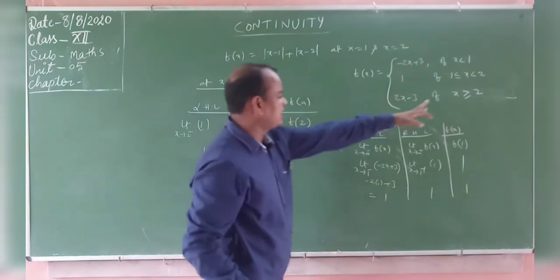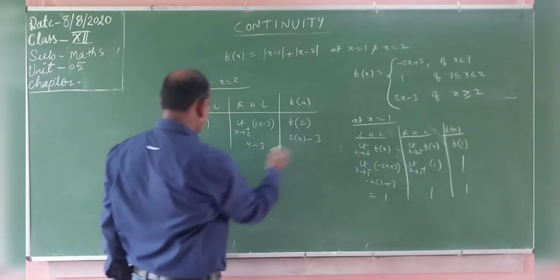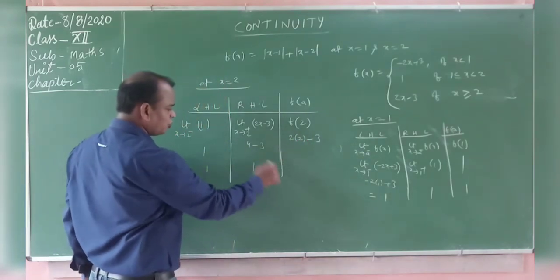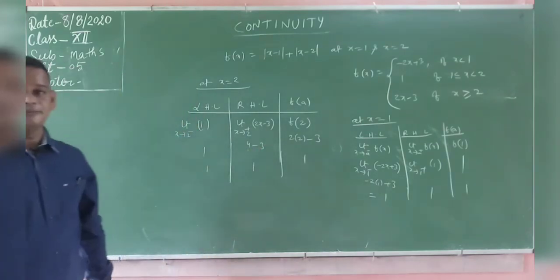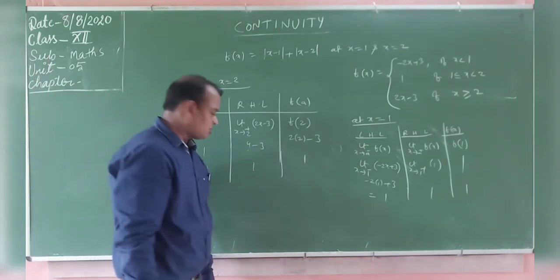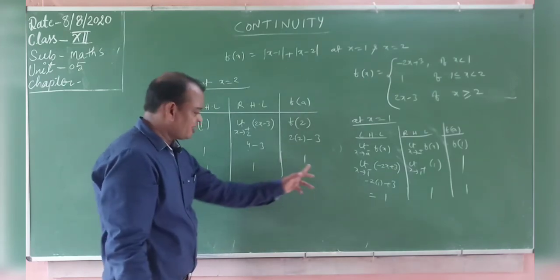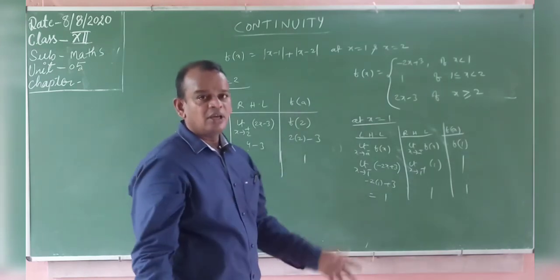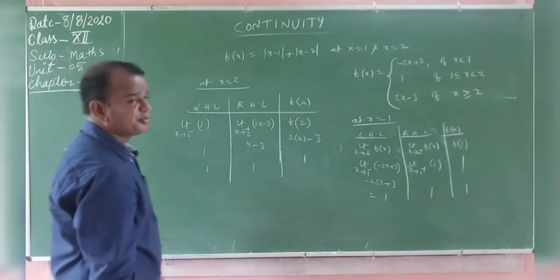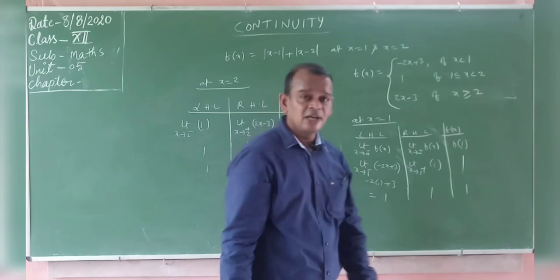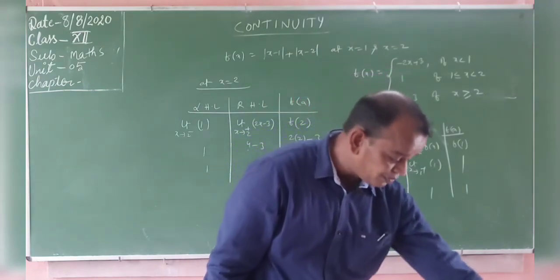F of 2, exactly 2, means 2 into 2, 4 minus 3, that is 1. Here also 2 into 2 minus 3 is 1. All are equal. Okay, my dear students, left and right hand limits and function value all are equal. Therefore, f is continuous. That's why f of x is equal to modulus of x minus 1 plus modulus of x minus 2 is continuous at x is equal to 1 and x is equal to 2.